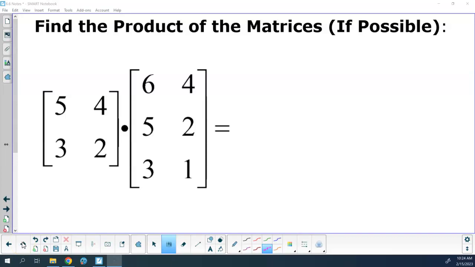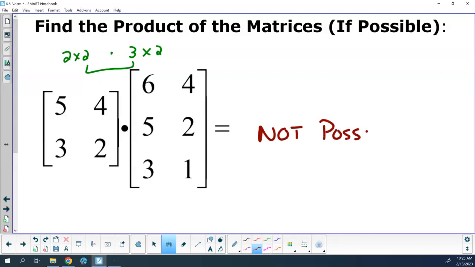Julia, you look confused. Is it doable? Why not? Two by two. And those two aren't the same? No. They're not. Not possible.